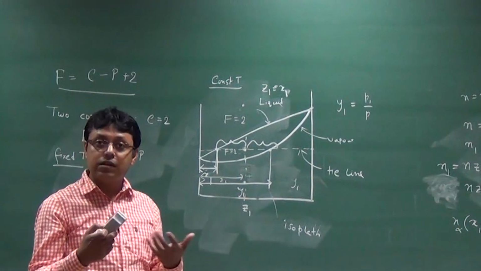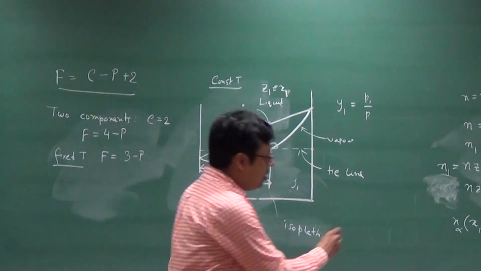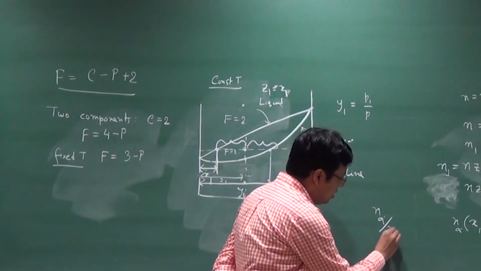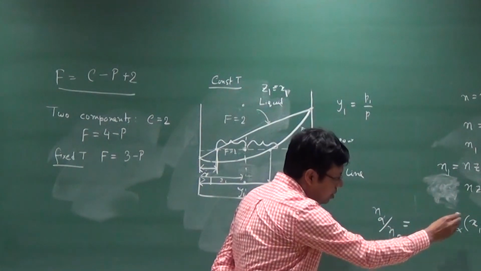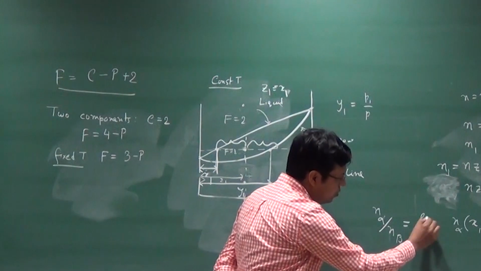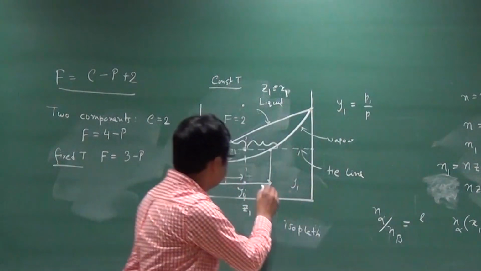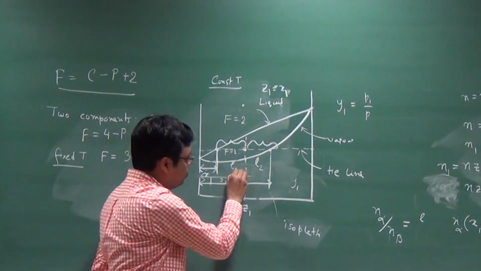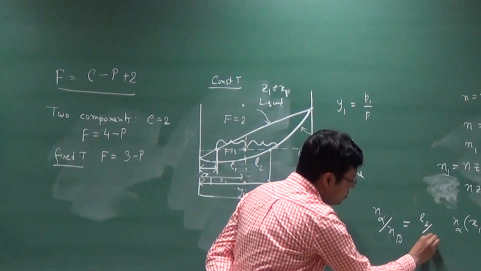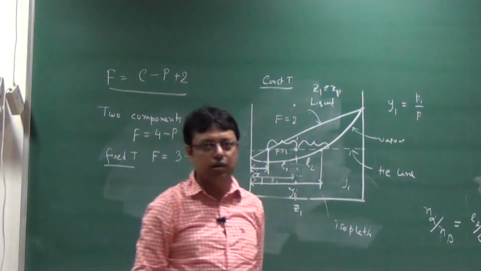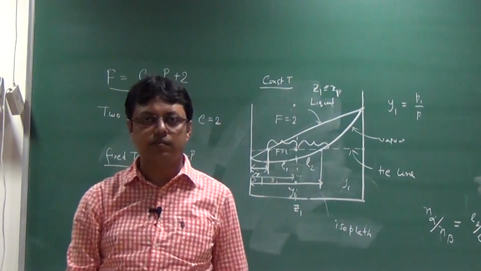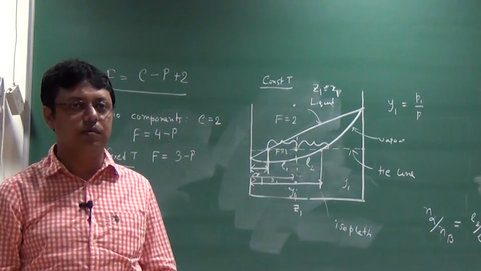And how do they fractionate? We see that N alpha plus N beta is nothing but this length, which I can call, say, L2 and L1. So this just goes like this. This comes from simple geometry, and this is known as the lever rule.